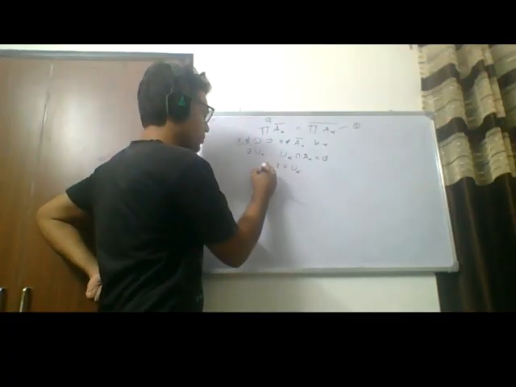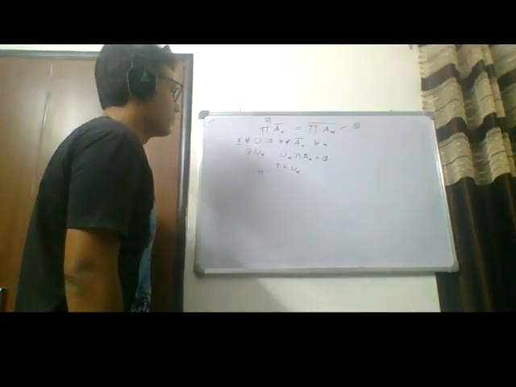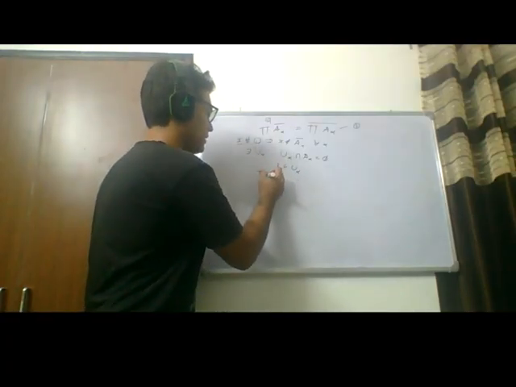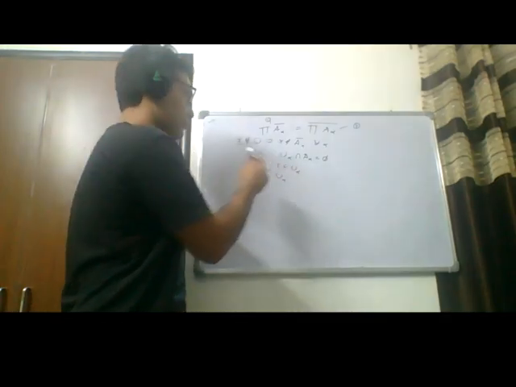Actually, we don't even need to do much. We just need to be different at some coordinate. So let's say pi inverse of U alpha, right? That's an open set.